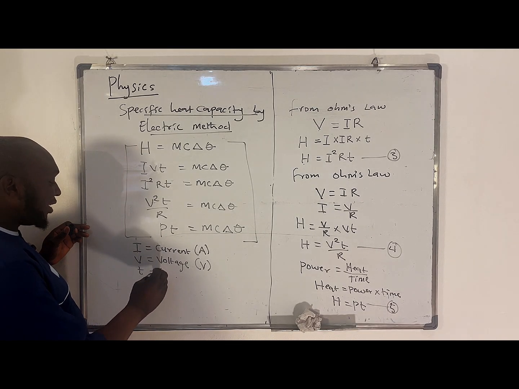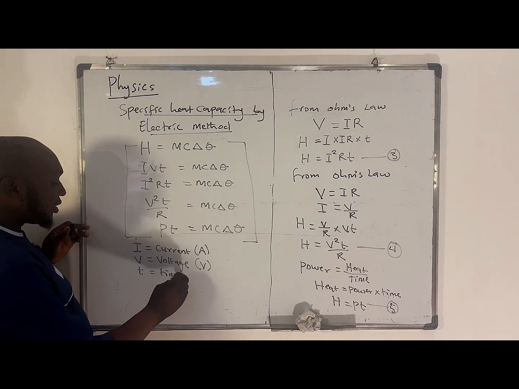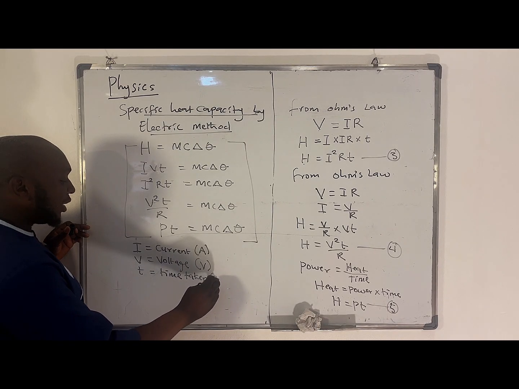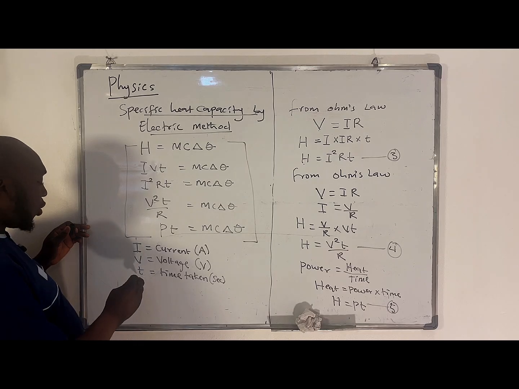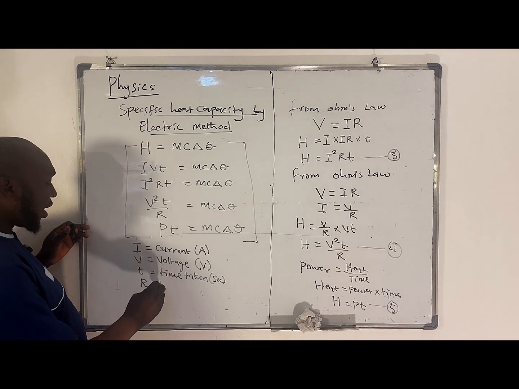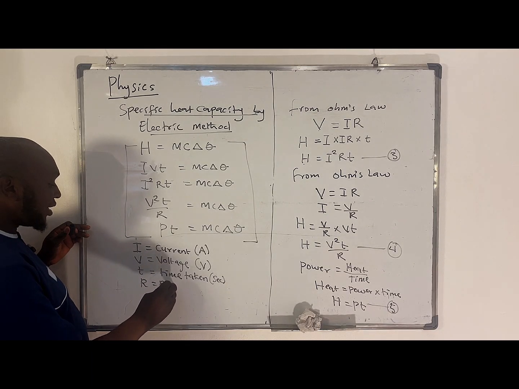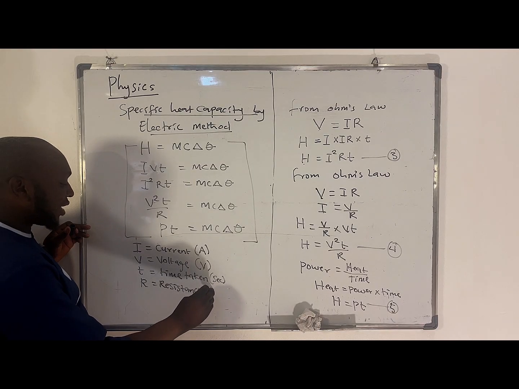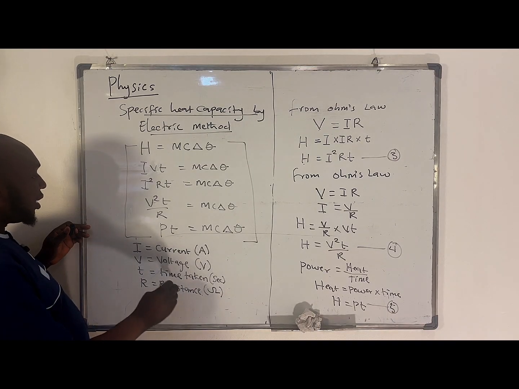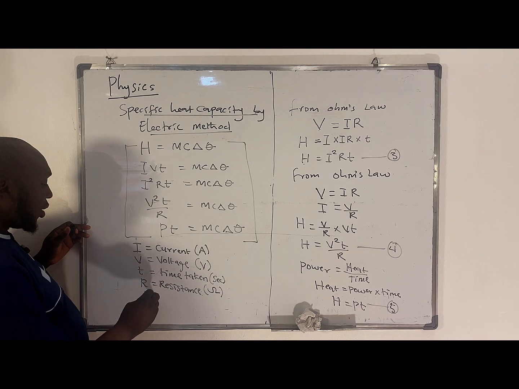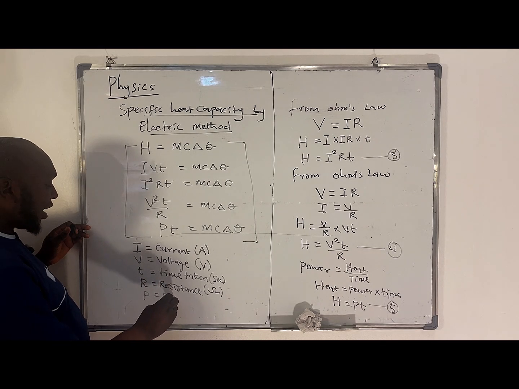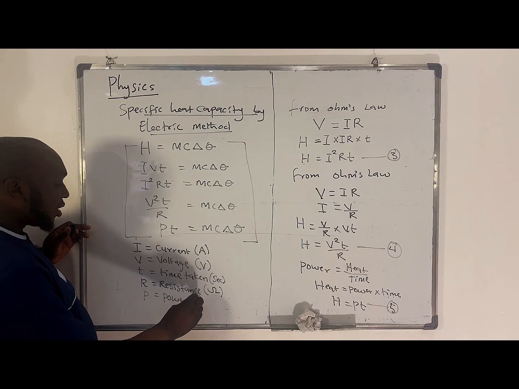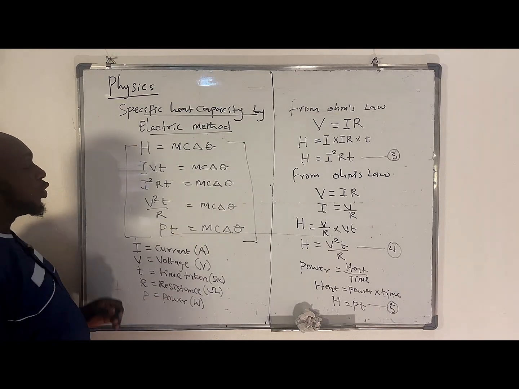T is time taken, and the unit of time is second. R equals resistance of a material, and the unit for resistance is ohms. Then we have P, which is power, and the unit of power is watt.